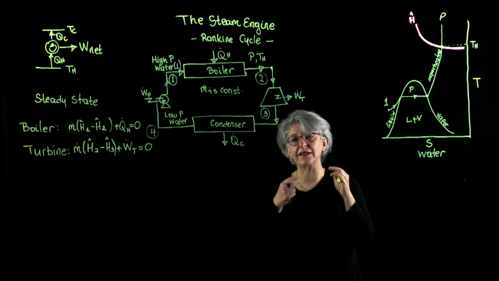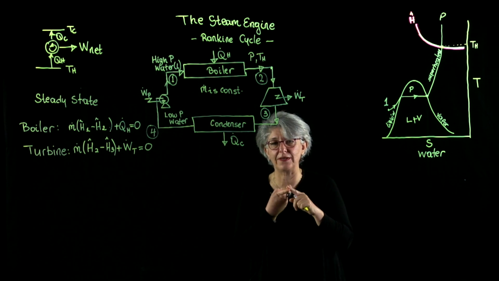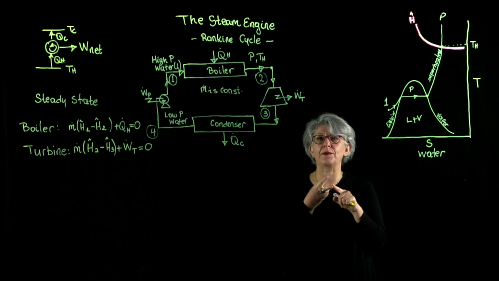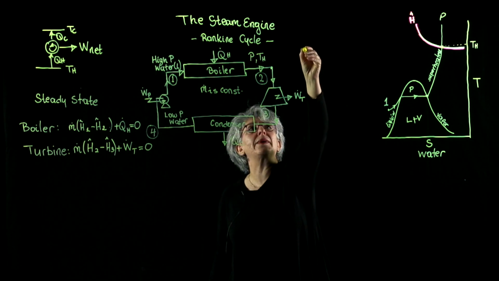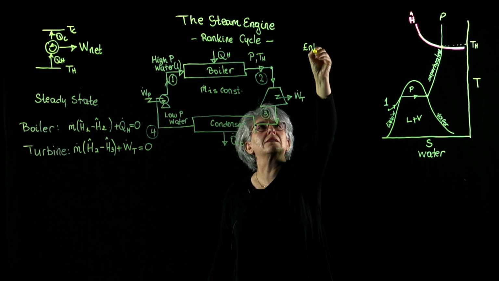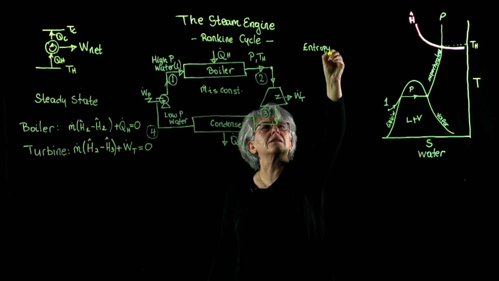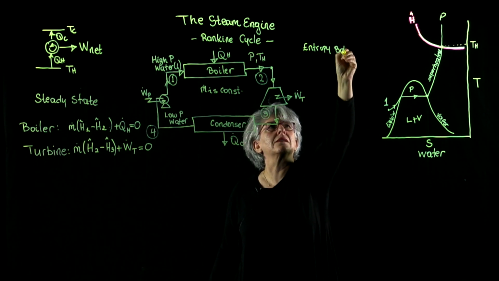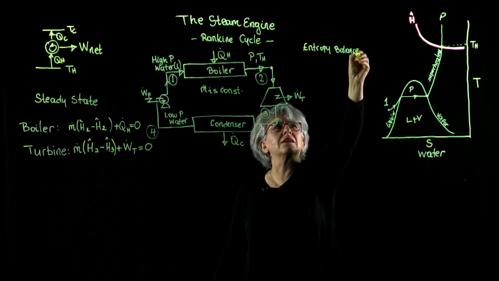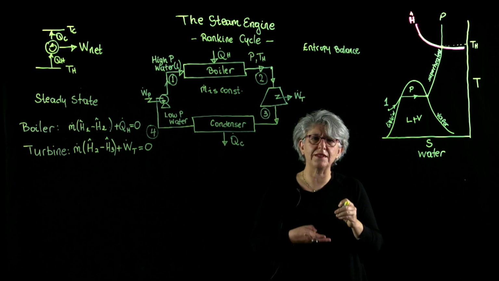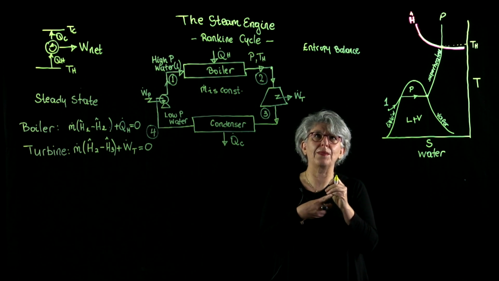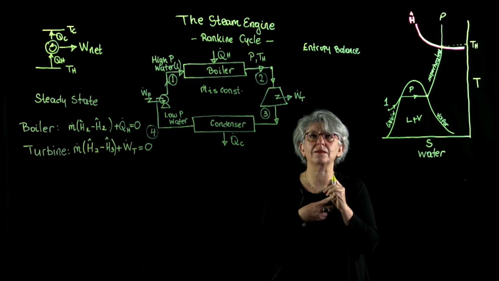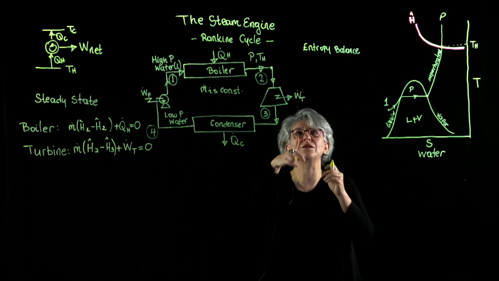Now, when I say that the turbine is operating adiabatically and reversibly, it should ring a bell, because we have learned from the entropy balance that if a process is adiabatic and reversible, then the entropy remains constant. So let's apply the entropy balance around the turbine.